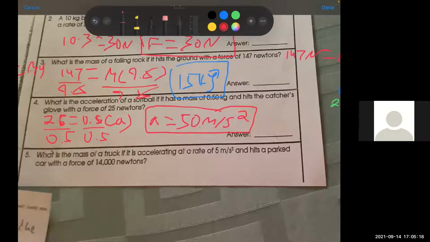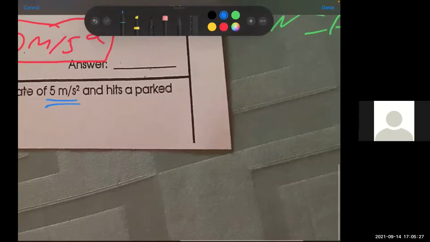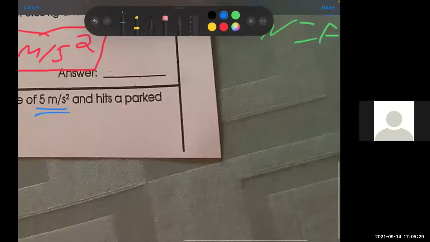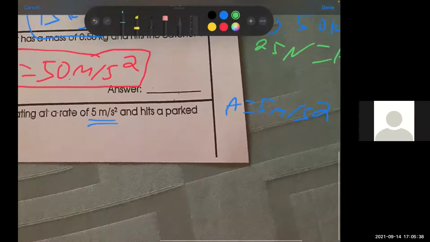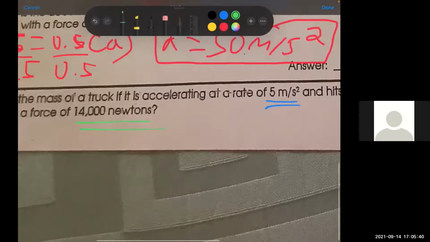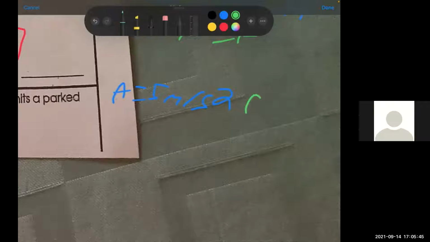Man, that's a major crash. We know the acceleration is 5 meters per second squared, and our force is 14,000 newtons.